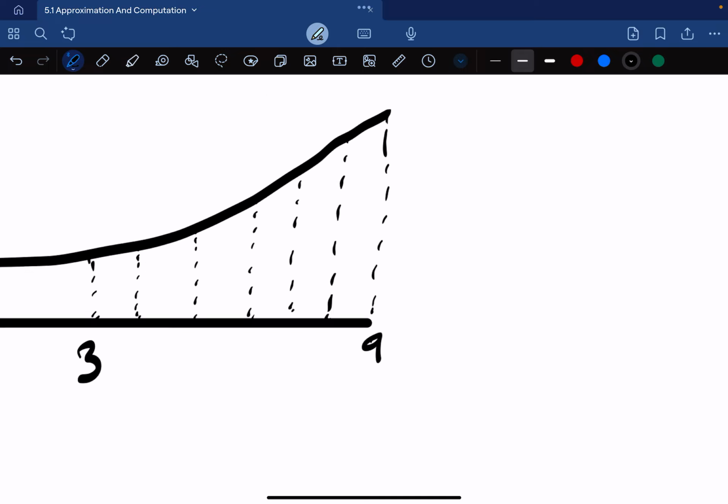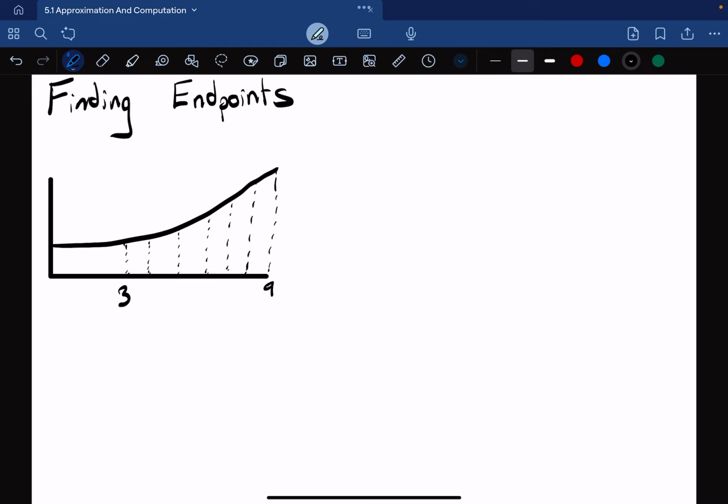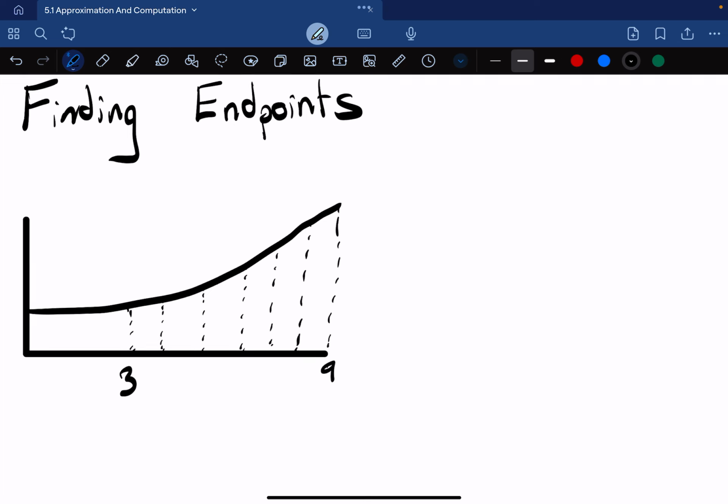Well, that start and end point is how we find the height of each of these rectangles. So as you know, approximation is used to find the area between a curve and the x-axis.